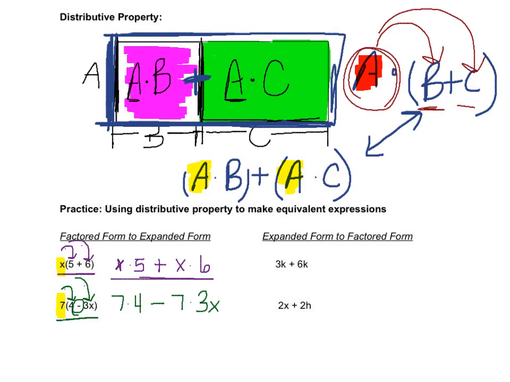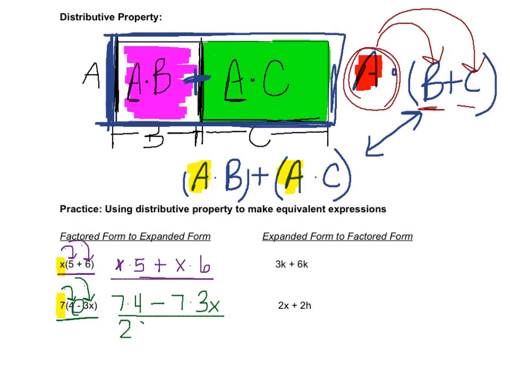Now, we've got factored and we have expanded. Now in this case, I could go one step further and I could actually simplify, because I can solve 7 times 4.